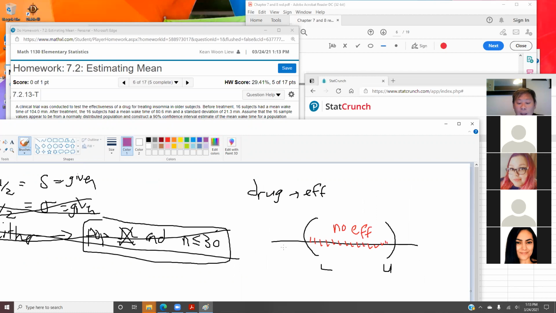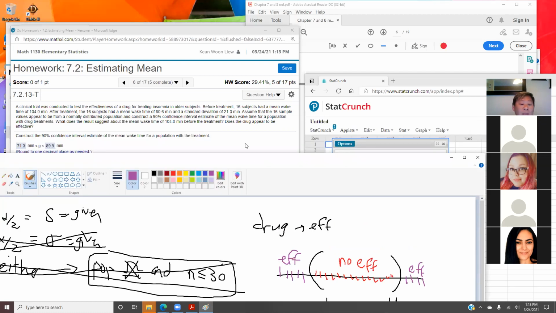However, if your number falls outside this, it will have effects. So this is for drugs. If your number falls inside, no effect. Outside, yes.